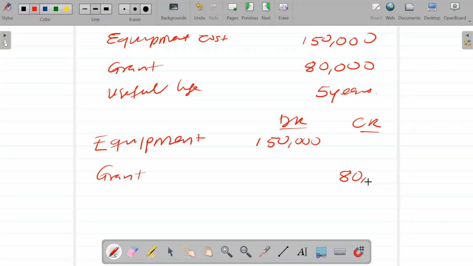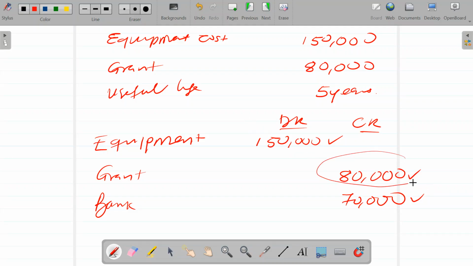So it means the company used its own money to pay the rest: bank 70,000. The cost of the equipment is 150,000, the company received a grant of 80,000, and they used their money to top up. This grant is what we are interested in.